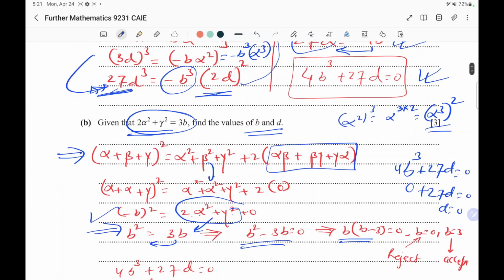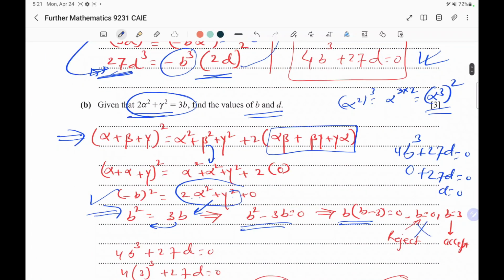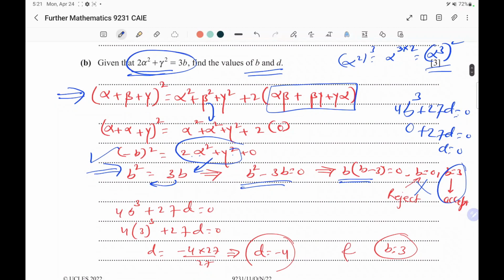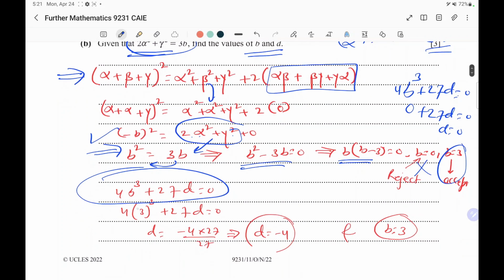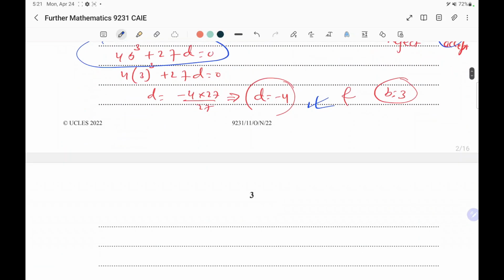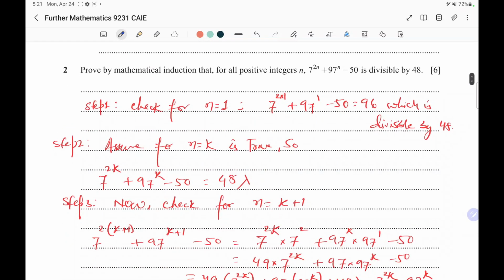So that's why b cannot be 0. So b can be 3, yes. So we have to accept b as 3. Now we know that 4b cube plus 27d equals 0. Just put b equals 3, calculate, and you will get d equals minus 4.